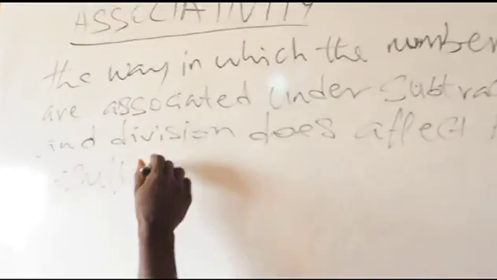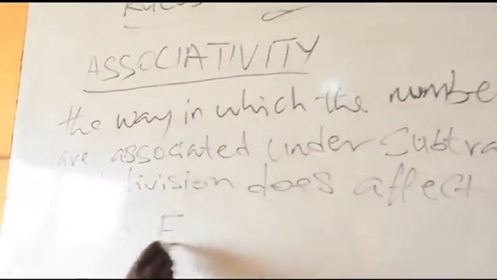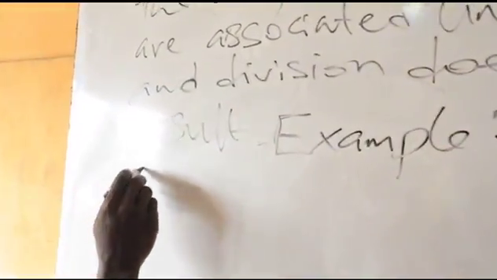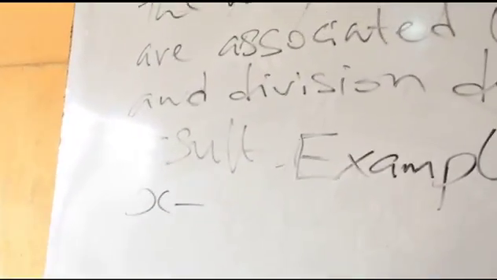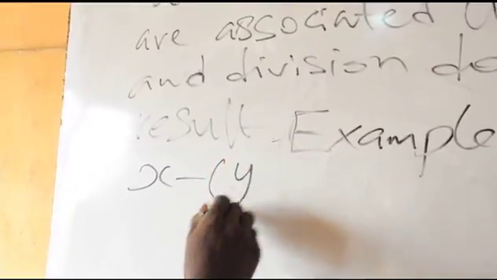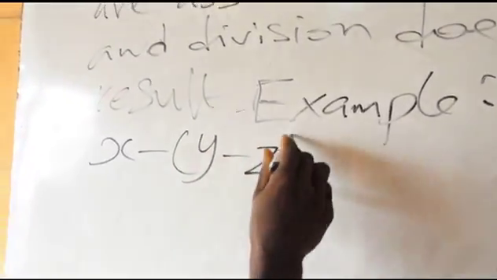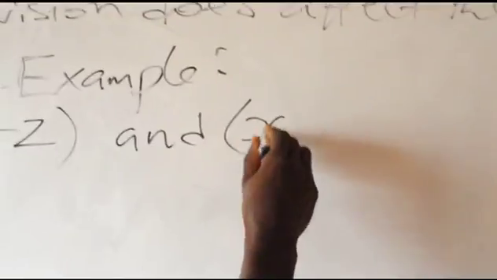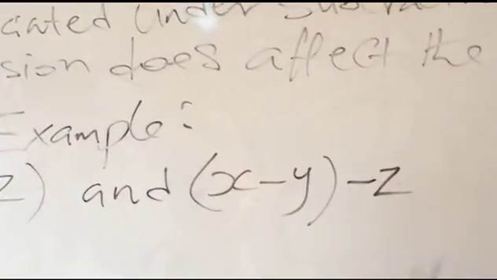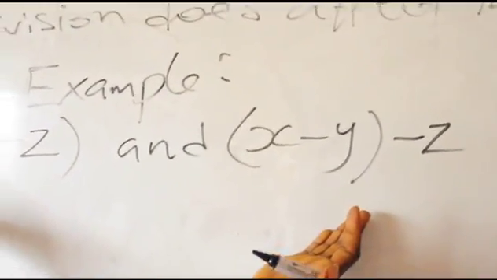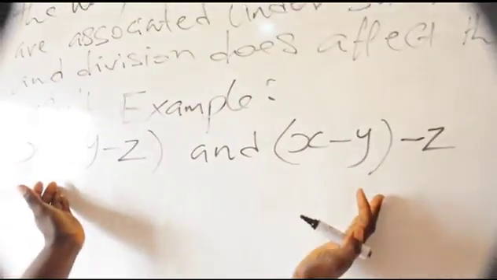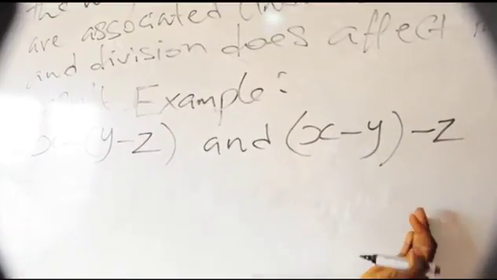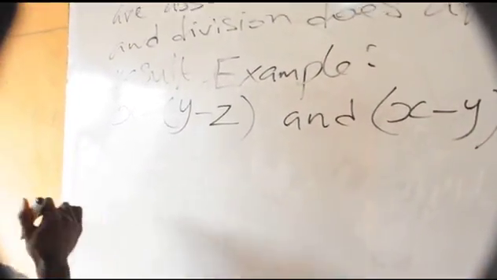Example here: x minus (y minus z), and also (x minus y) minus z. I want to see whether these two things can be equal. If they are equal, that means their association does not affect the result. But if they are not equal, that means they are not associative.